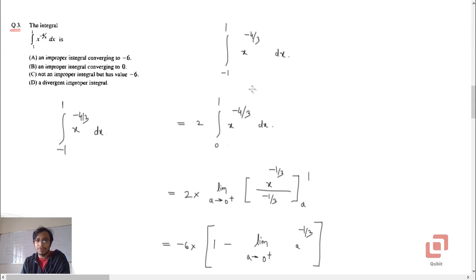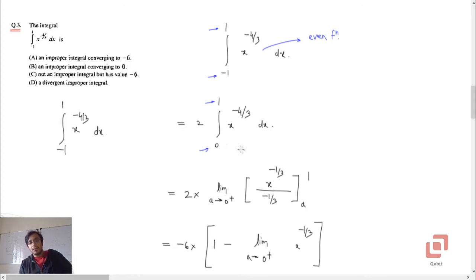The first thing that I have done is I made use of the fact that this function is an even function. Because the limits are equal in magnitude but opposite in sign, it will be 2 times the same integral with limits 0 to 1 instead of -1 to +1.